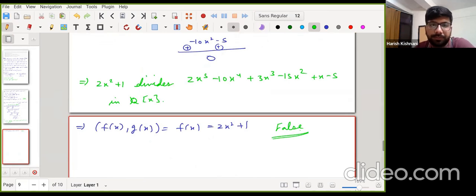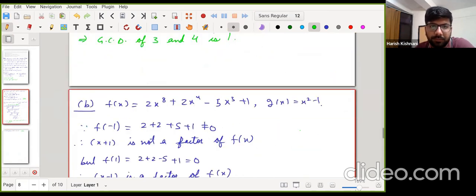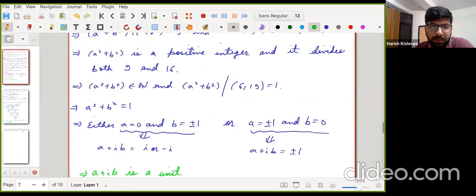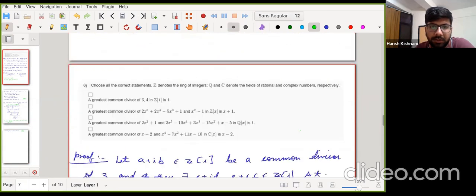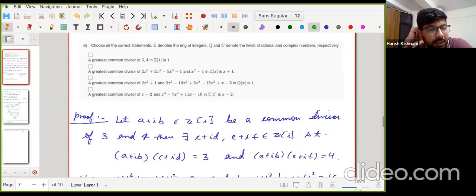Now, what about the last statement? The greatest common divisor of x minus 2 and x^4 minus 7x squared plus 11x minus 10 in the polynomial ring over complex numbers is x minus 2.